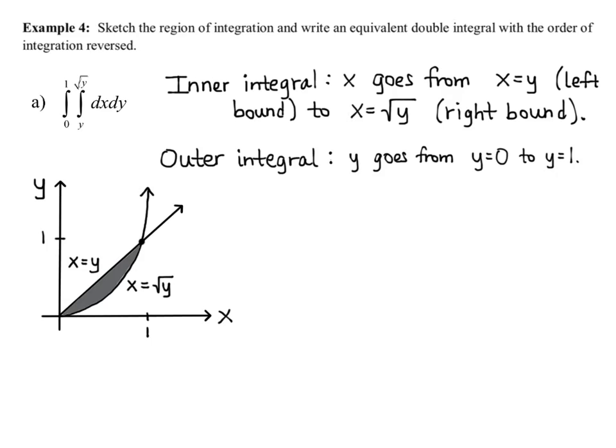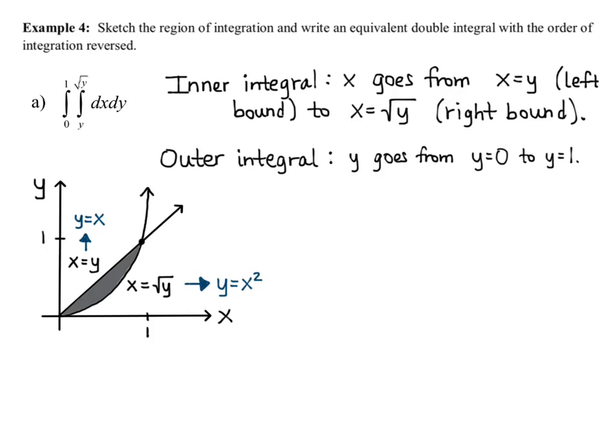Since our goal is to switch the order of integration, we want to find a lower bound and upper bound for y in terms of x. Solving the equation x equals the square root of y for y, we get y equals x squared for the lower bound. For the upper bound, we have x equals y, which when solved for y becomes y equals x.